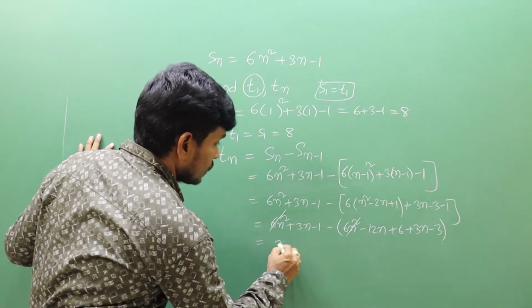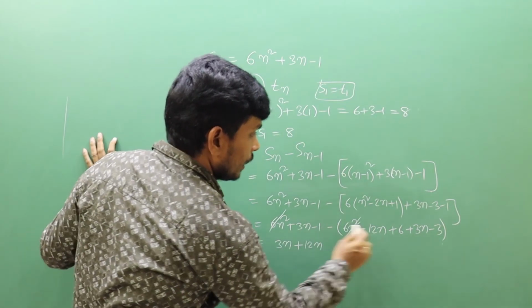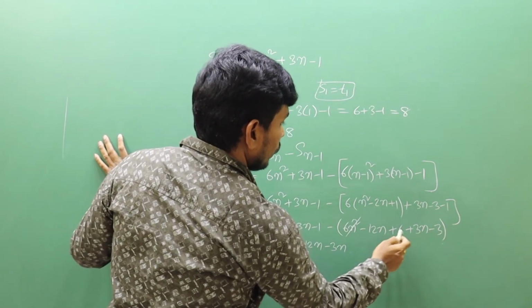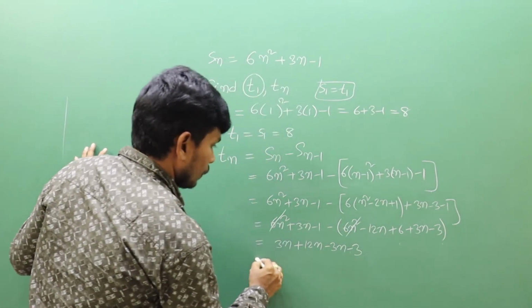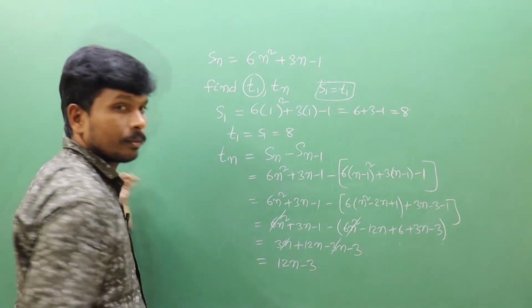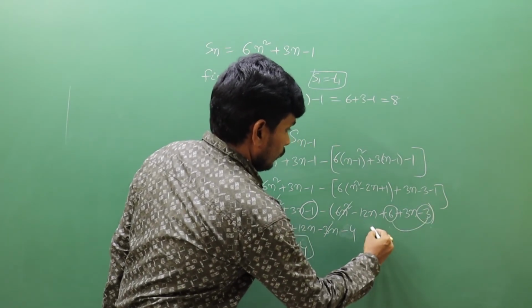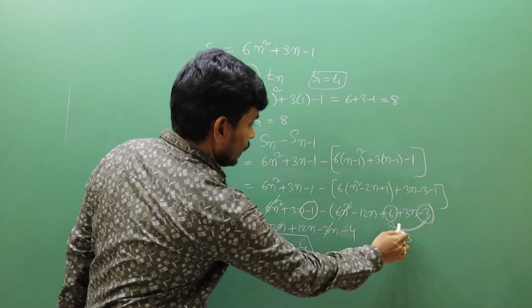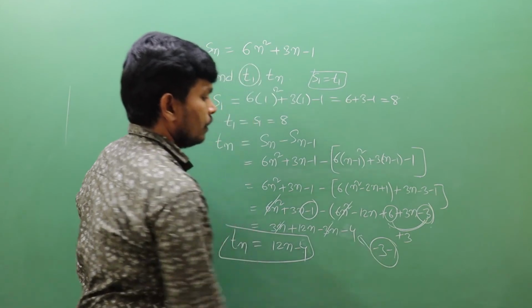Now n values: 3n, minus into minus plus 12n, here minus into plus minus 3n, and here what value did you get? Minus 3. Now 3n gets cancelled, you get 12n minus 3. Here 6 minus 3 will get plus 3, minus into plus minus 3, and here you have minus 1. So minus 3 minus 1, you get minus 4.